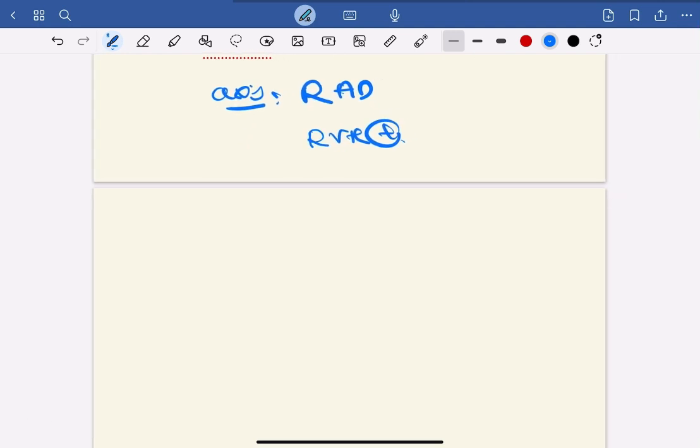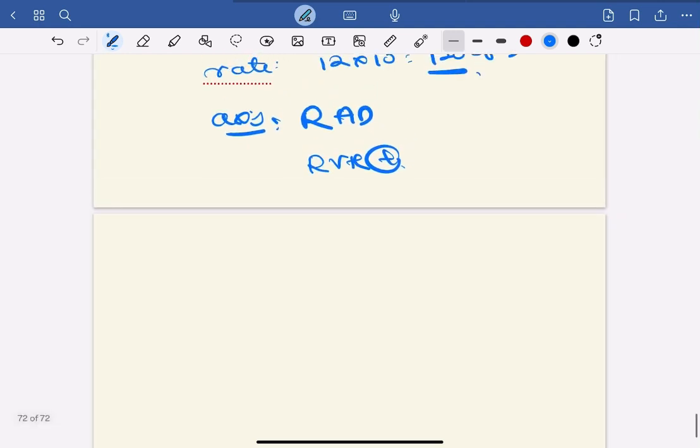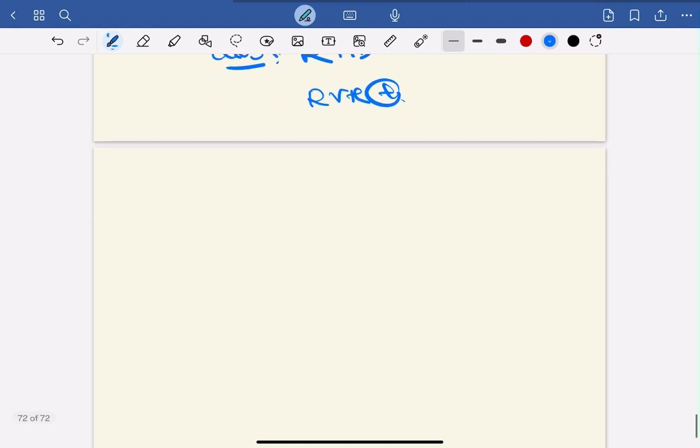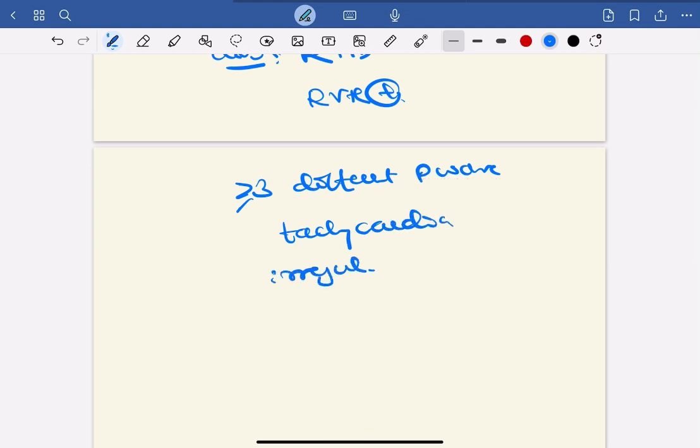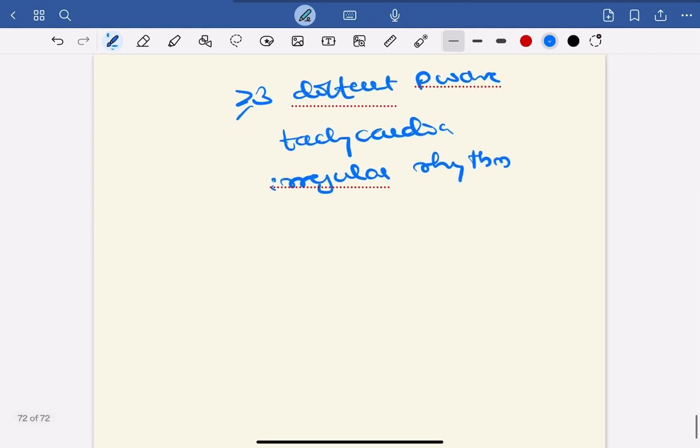If we put everything together, there are three or more different P waves, and tachycardia, and there is irregular rhythm, and there are no flutter and fibrillatory waves.